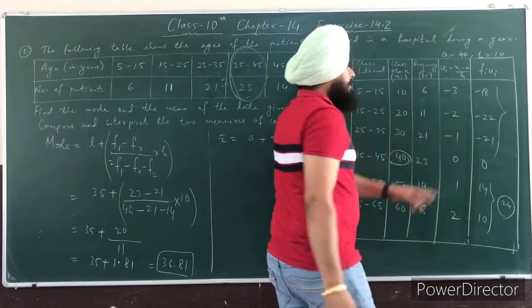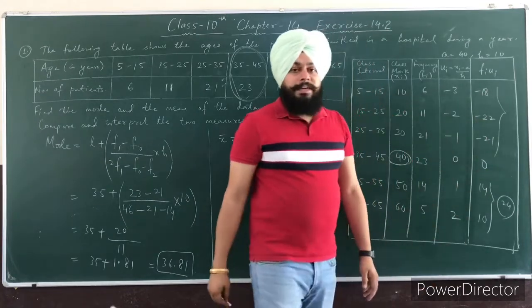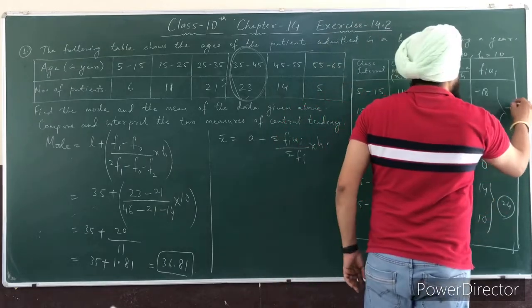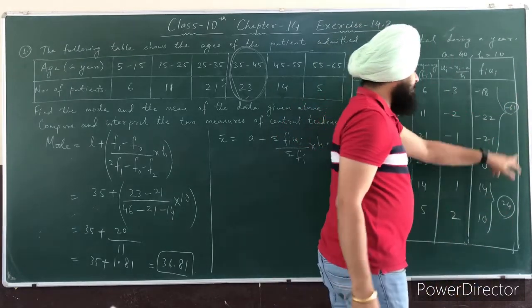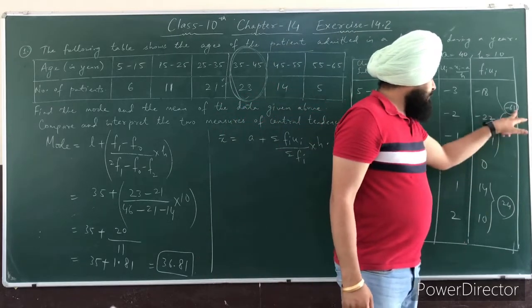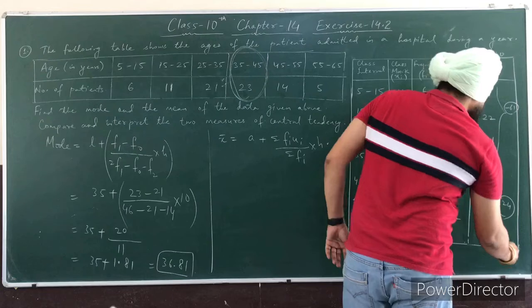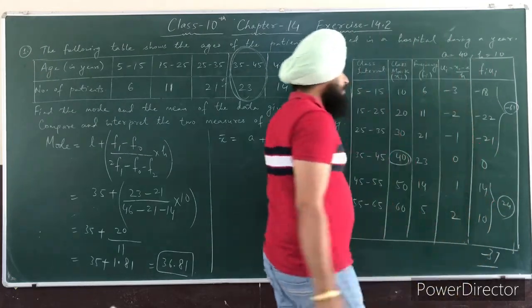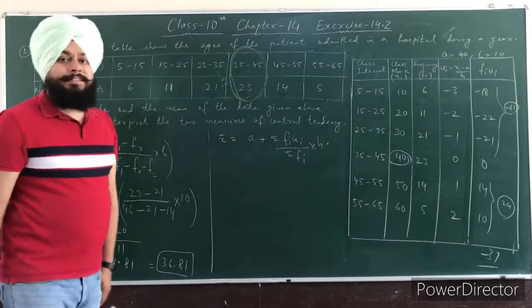And minus 18 minus 22 is minus 40. Minus 40 minus 21 is minus 61. Now minus 61 plus 24 is minus 37. So the summation of fi ui is minus 37.